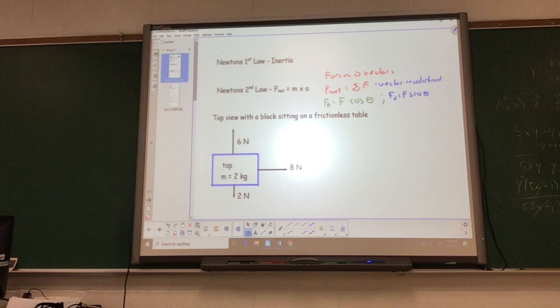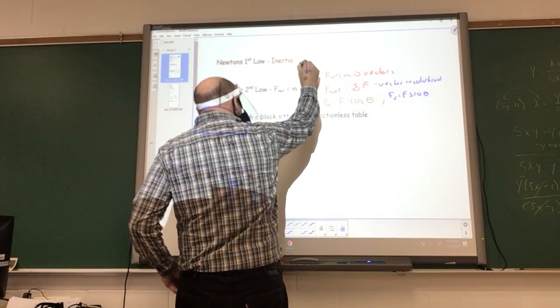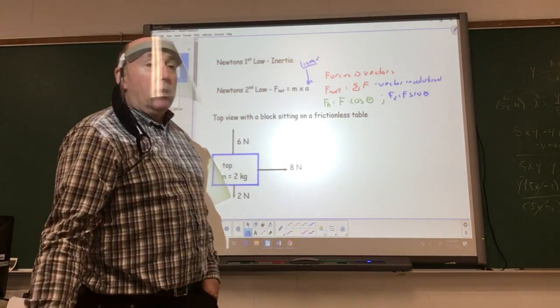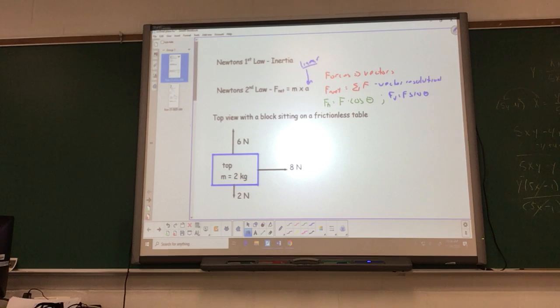Let's think through the dominoes here. Acceleration is a linear motion. Acceleration of an object is linear. It's either going horizontal or it's going vertical.